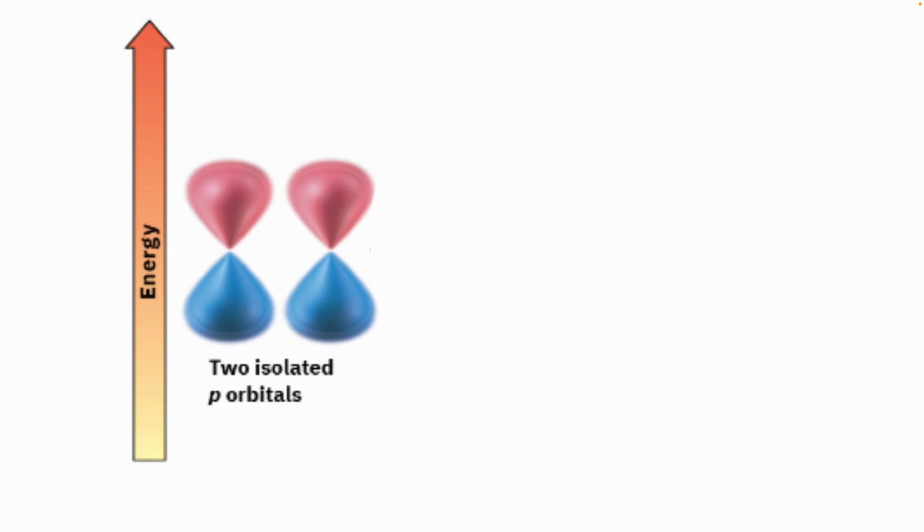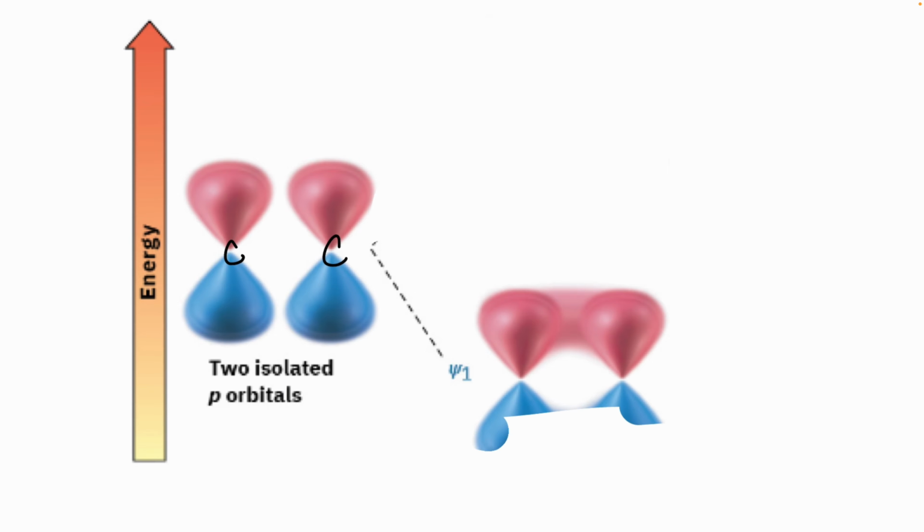So here are our two p orbitals. One of them is on one carbon atom. One of them is on its neighbor. Right here on the left-hand side, they're separated. But now they're going to mix together, and they're going to form these new molecular orbitals. All right? That's what we call our pi bond.